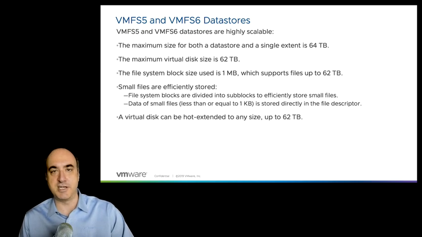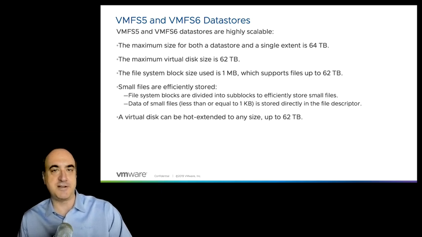However, the largest size datastore is still 64 terabytes, and therefore also the largest size LUN or extent is also 64 terabytes. So you can't span two 64 terabyte LUNs into a single logical datastore, though. You could only span together two LUNs that together added up to 64 terabytes. That's the max supported datastore size.